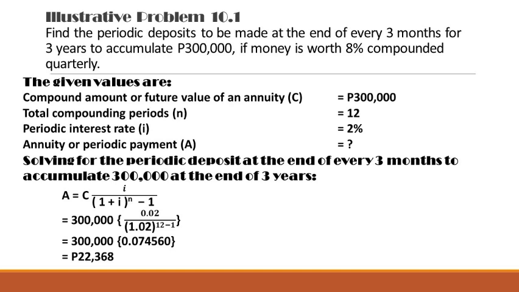So by substituting these values in the formula, we will get the value of the annuity or periodic payment A, which is 22,368 pesos. This will be the amount that Joven needs to deposit periodically in order to accumulate 300,000 pesos.